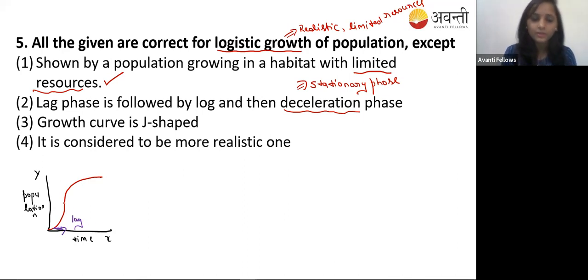Then later the growth will be very fast. The population multiplies very fast, and that phase we call the log phase, L-O-G. Then what happens? While multiplication is happening very fast, the resources become limited.